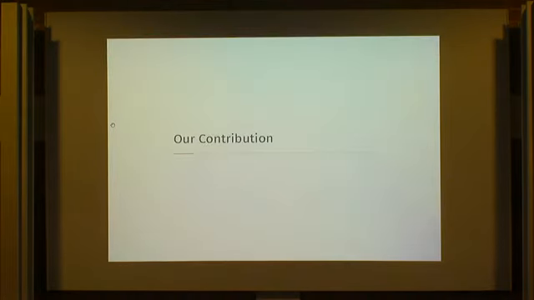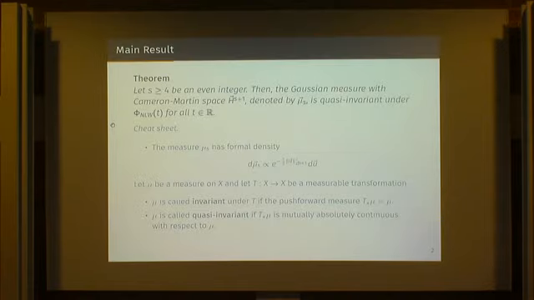So what's our contribution to this question? This is a theorem which is on the arXiv as of 16 hours ago or something, and it says that if s is an even integer greater than 4, then the Gaussian measure with Cameron-Martin space H^(s+1), which means that the density of the measure looks like this, is quasi-invariant under the flow of the equation, which just means under the flow for all time t.